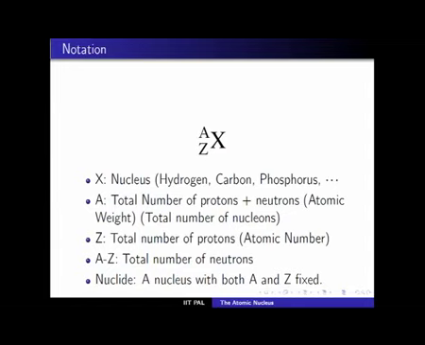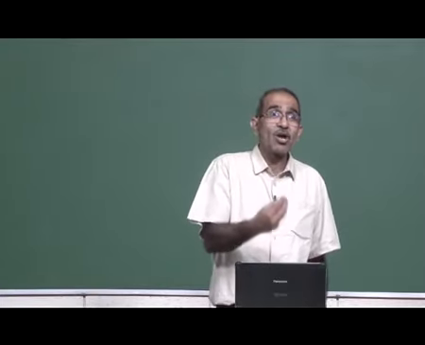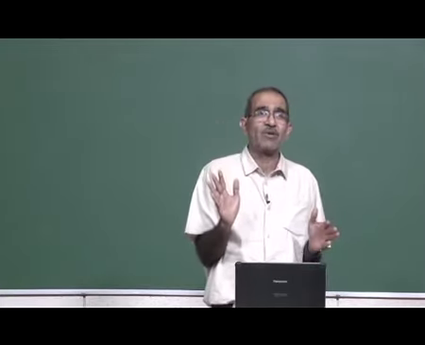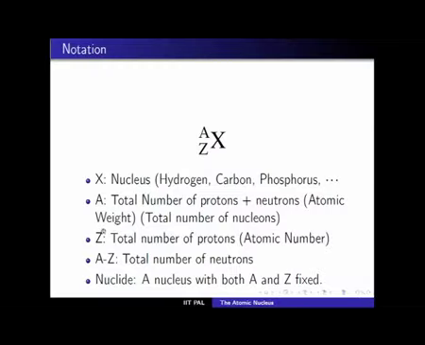Of course, you can take an atom and ionize it. You can take a helium atom and knock off one electron, or knock off 2 electrons. That is not what I am referring to. If you look at a neutral atom, then Z stands for both the number of protons and the total number of electrons. And then of course, A minus Z is the total number of neutrons.